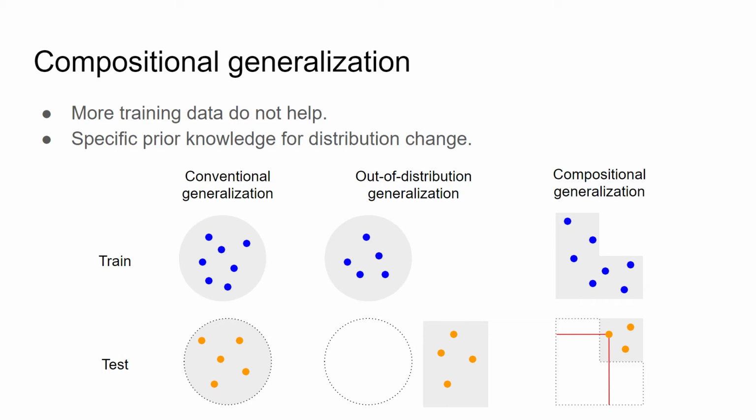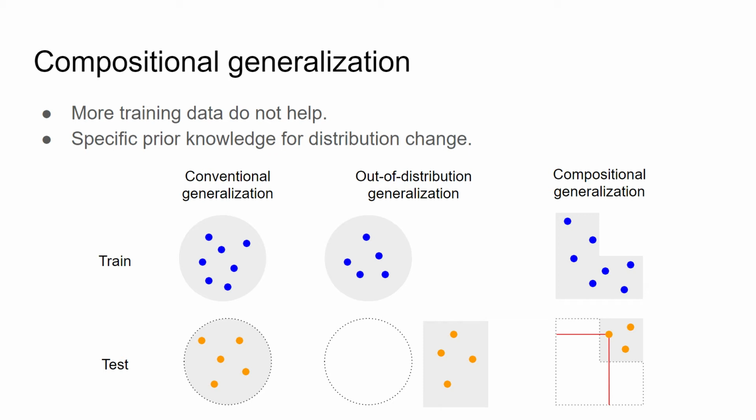In other words, we may think the test distribution can be given after training the model. This means the distribution difference information can only be given as prior knowledge, which is not general but is specific for the test distribution. So in this case, more training data does not help in the test distribution. Also, general regularization does not directly help out-of-distribution generalization.